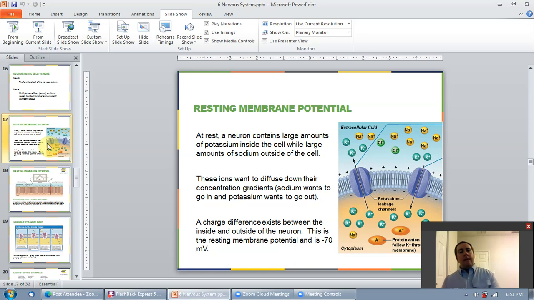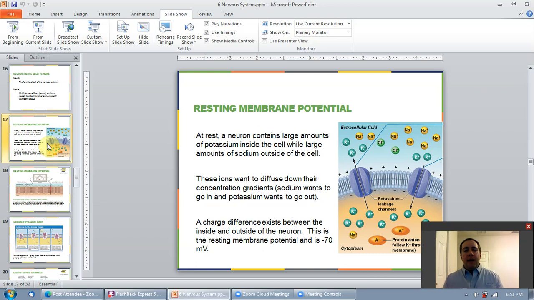We talked about how neurons carry electrical signals. That's a very vague idea. You probably have no idea what that means. And so we're going to try to hopefully explain that so that you can understand what we mean when we say that neurons carry electrical signals.